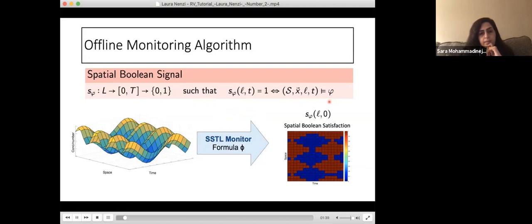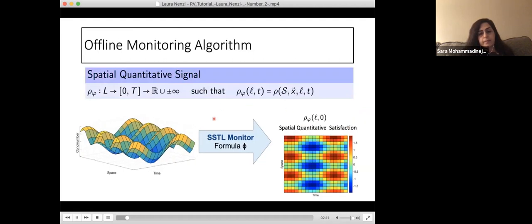We don't have, as in STL, one value for the whole spatio-temporal trajectory, but we consider a spatial Boolean satisfaction that corresponds to the satisfaction at time 0. So given a spatio-temporal trajectory, we can give as answer the whole spatial Boolean signal, all the spatial Boolean satisfaction, at time 0.